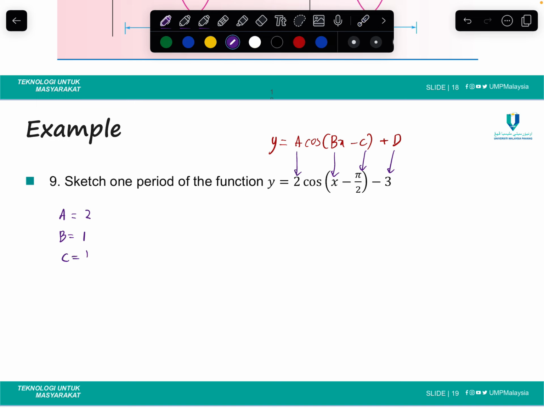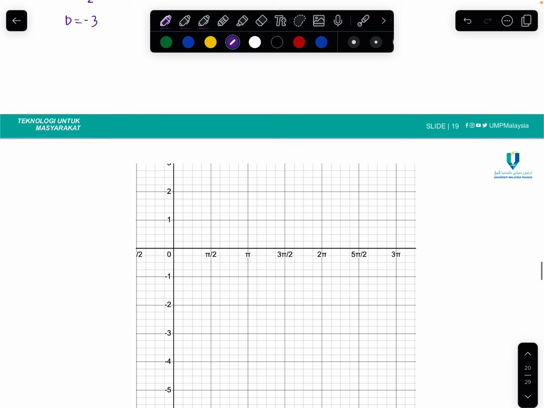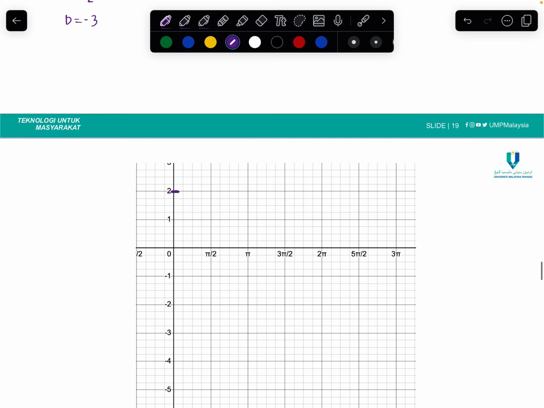Next, C is pi over 2 and D is minus 3. Okay, we want to look one by one at what we get from here. The amplitude is A. So this is the value of amplitude. Okay, in the graph you can see the amplitude 2 and minus 2 here.